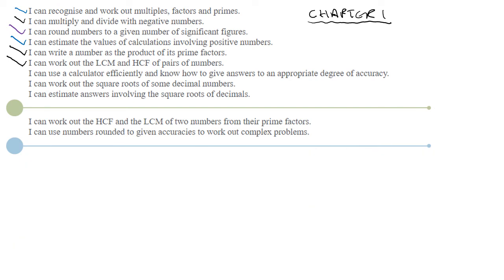In the next bit, where it talks about using a calculator efficiently, there's not a lot I can say about this. Just a couple of things. The first thing is you often get a complicated calculation they want you to work out on your calculator.